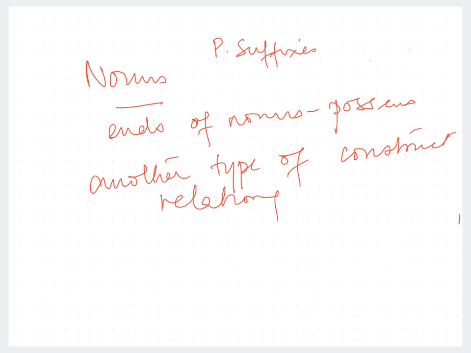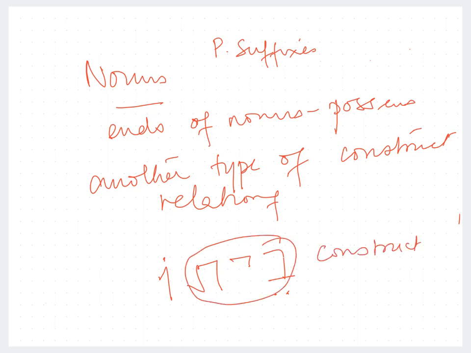Now in this case, a noun with a pronominal suffix is construct to its suffix. So you have a word like bait, beito, the house with batim. This is in a construct relationship with the pronominal suffix. Now, this is a noun, you have to remember.